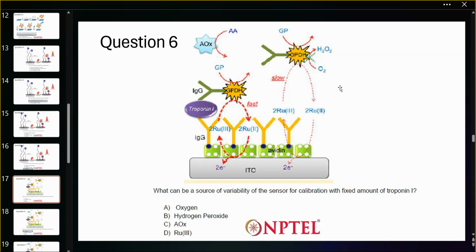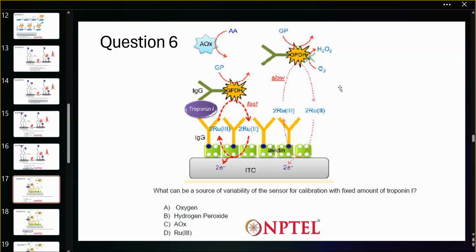You have the indium tin oxide substrate, then you have avidin, which is the functionalized site for putting the immunoglobulin antibodies. Then you have troponin, which is what we are detecting.